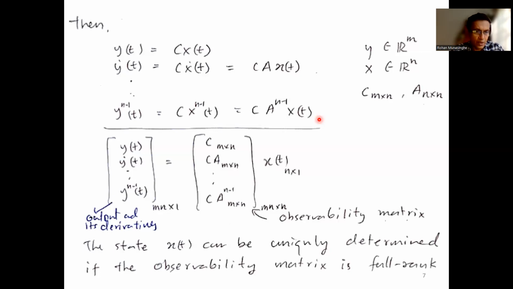So the system is not controllable, but it's a dynamic system. It has some values. Whether you can control or not, the system changes on its own. So there are state variable values. And if the system is observable, you can use that sensor and observe your response and get the successive derivatives and calculate the state. What is the value of the state? Otherwise, you never know what the value of the state is.